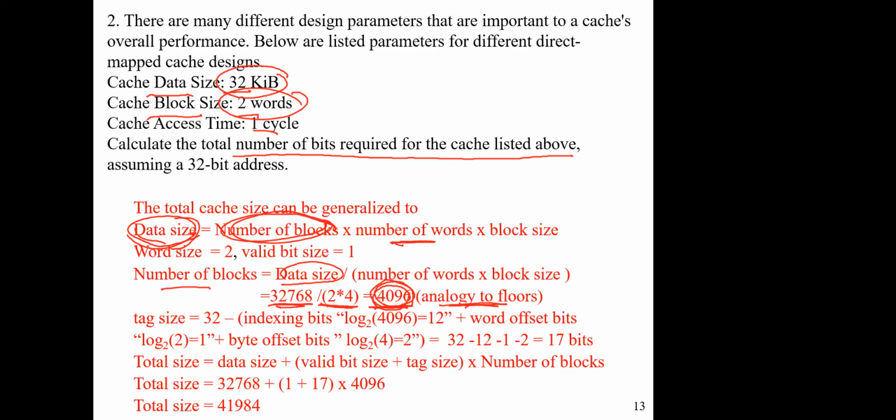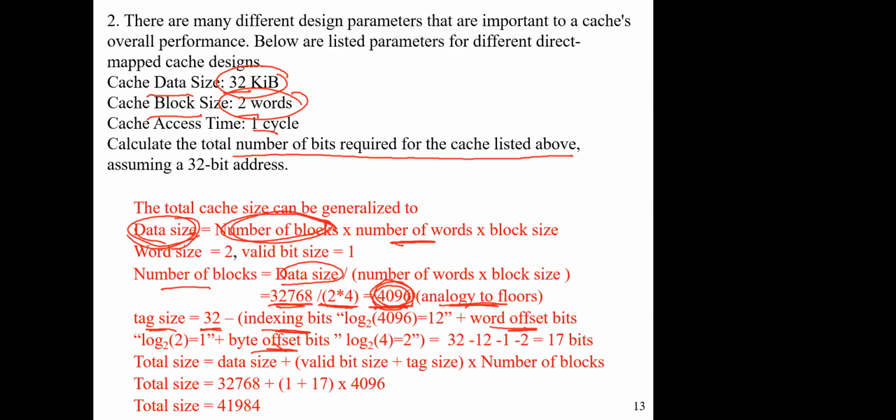How many bits do I need for the index then? Log 4096 to the base 2. If you do that, it will give you 12. So the tag size will be 32 minus the indexing bits, and also the word offset bits and the byte offset bits, correct?